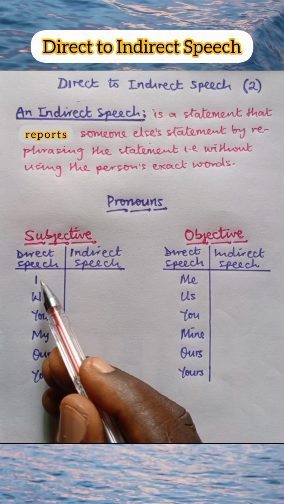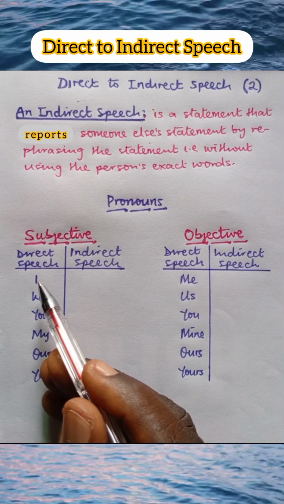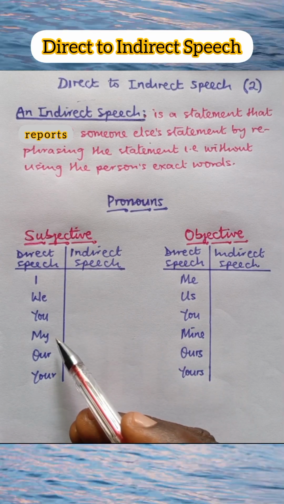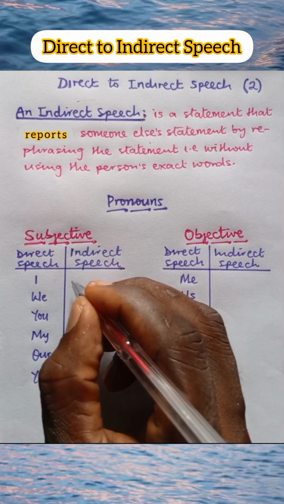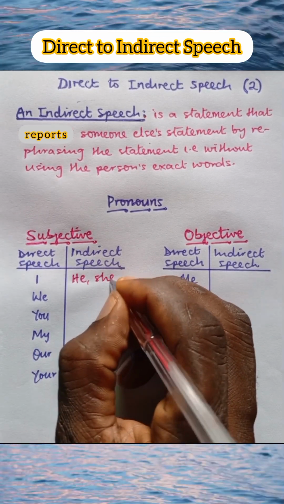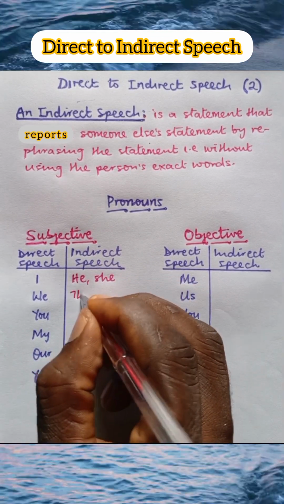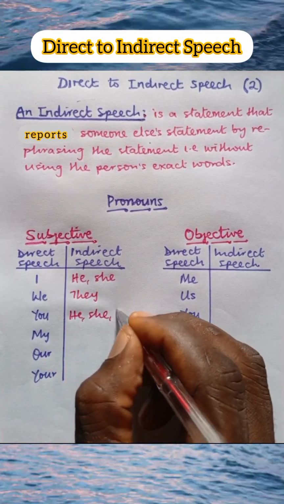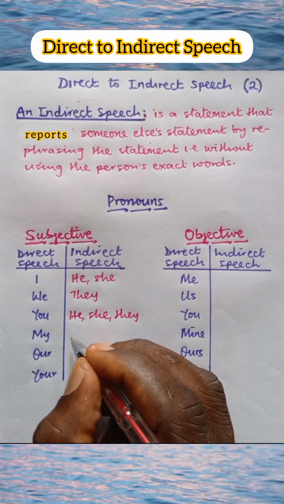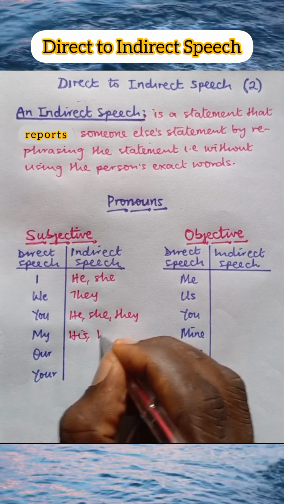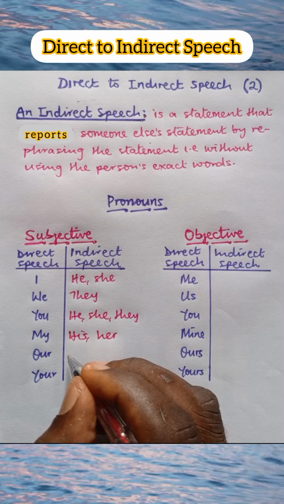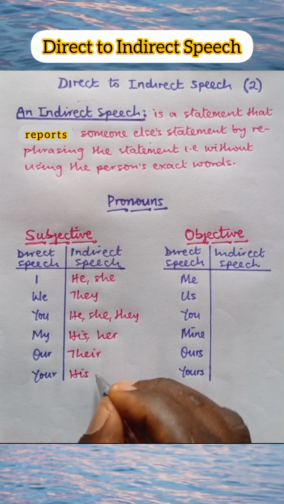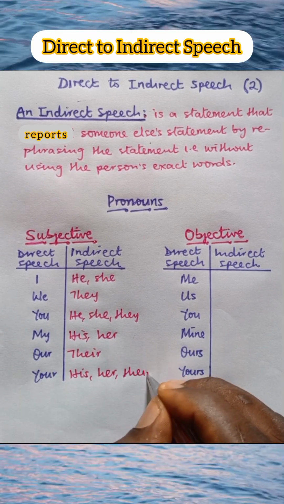Whenever any of these is present in the original statement or in the direct speech, in the indirect speech, each of them changes such that I becomes he or she, we becomes they, you becomes he, she or they, my becomes his or her, our becomes their, and your becomes his, her, or their.